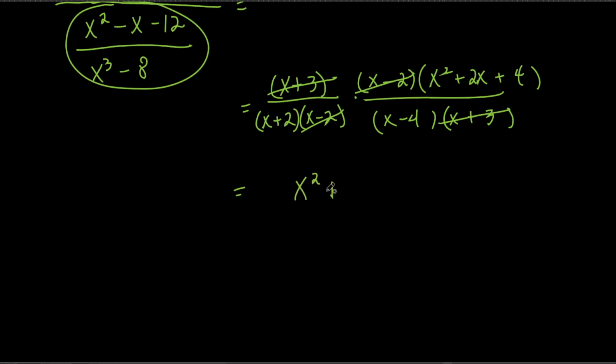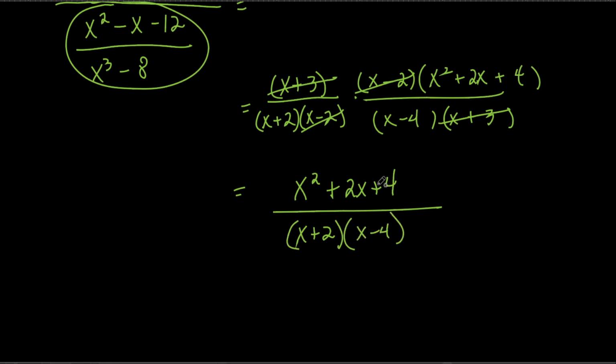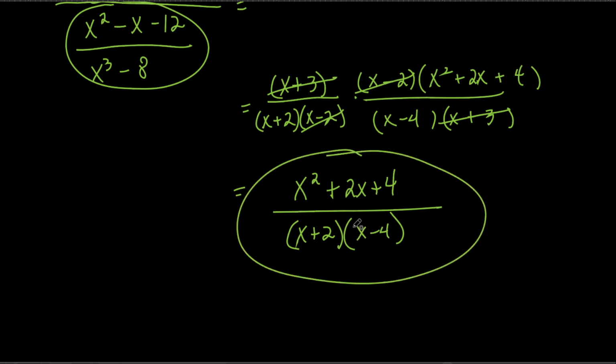We have an x squared plus 2x plus 4. And what do we have left on the bottom here? We've got an x plus 2, and then an x minus 4. Anything else? That's it. You can't do anything else with that, because nothing else cancels, since this doesn't factor. And that's it. You're done.